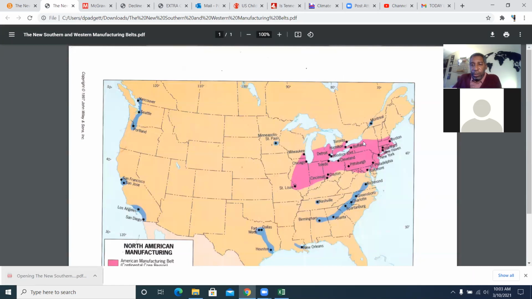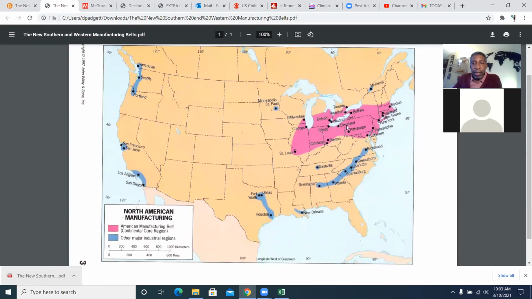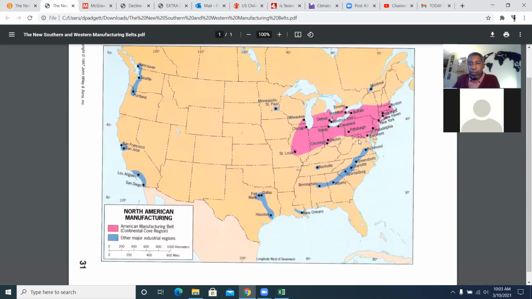And so if you notice here in this pink color area is what we know of the traditional historic manufacturing belt: Milwaukee, Detroit, Cleveland, St. Louis, Pittsburgh, Philadelphia, so on and so forth. That's the old manufacturing belt.